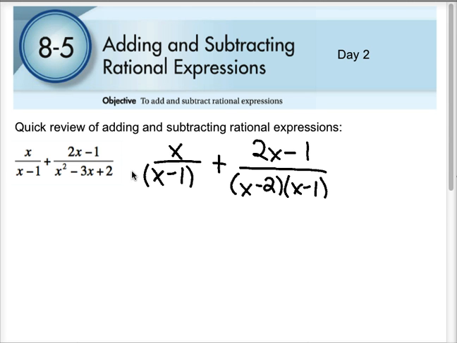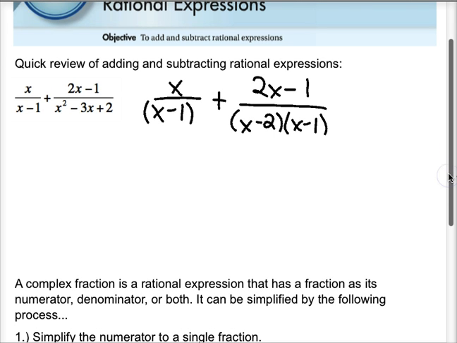And remember, when we're adding and subtracting these rational expressions, we need to find a common denominator. That means every piece needs to be represented in this common denominator. This one is already complete. It has both pieces of our common denominator.